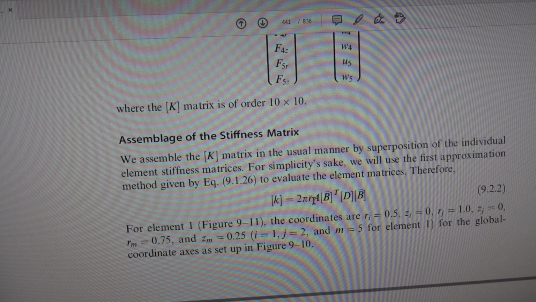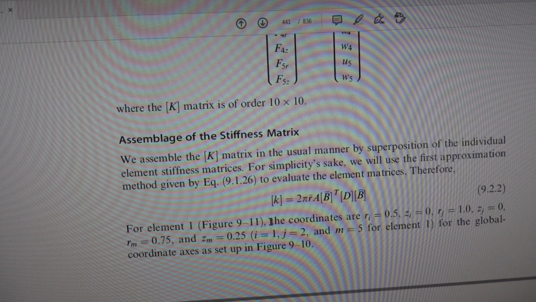But as an approximation, we can easily solve by considering it at the centroid. So B bar transpose is obtained using this R bar, and B bar is also evaluated using the centroid. The value of R bar should be at the centroid.